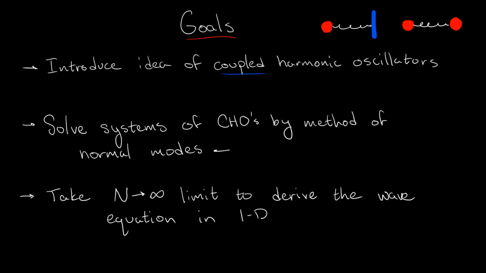And so we can actually derive the wave equation from just considering harmonic oscillators like this. And actually, as we'll see at the very end, we solve the wave equation in exactly the same way with this normal mode decomposition.